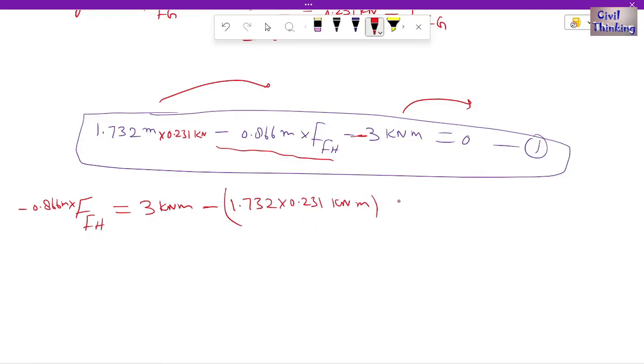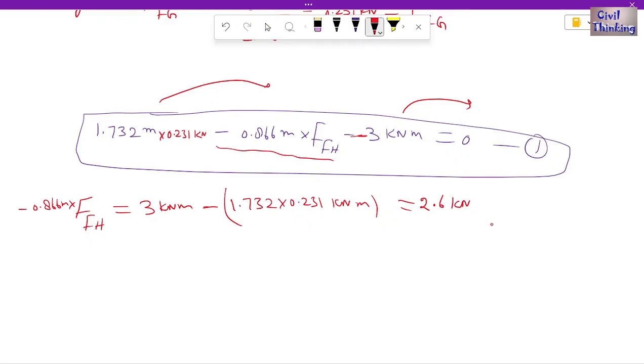Okay, so let me use a calculator to find the value. It is 3 minus 1.732 multiplied by 0.231, right? It is 2.6 kilonewton.